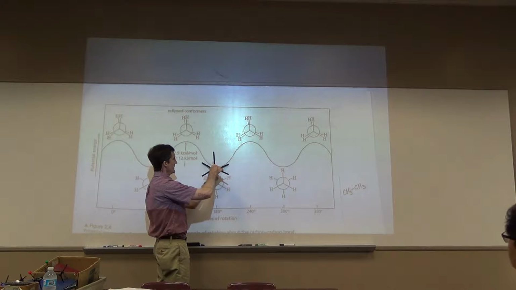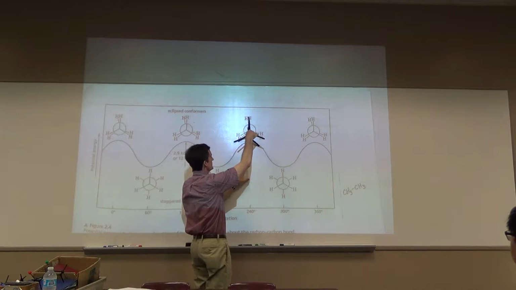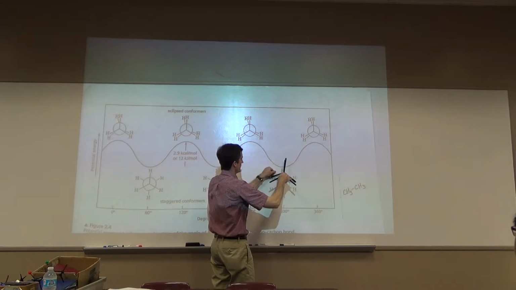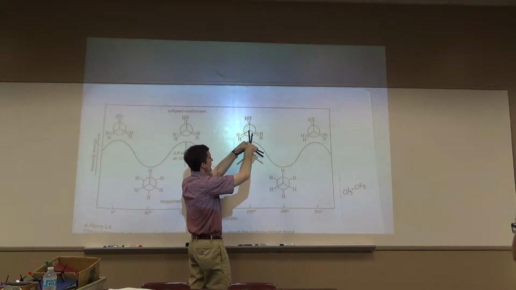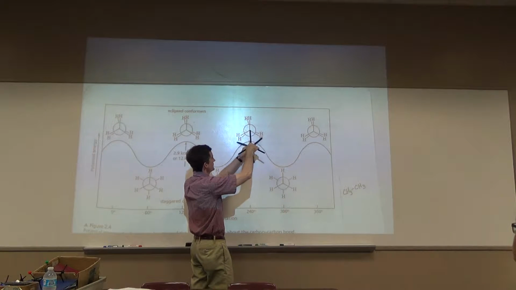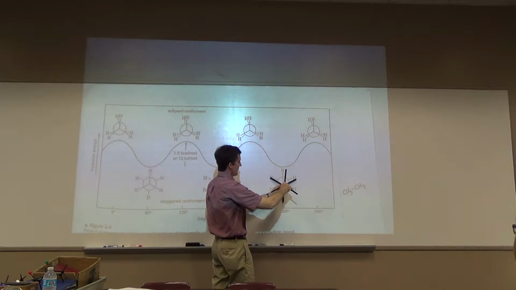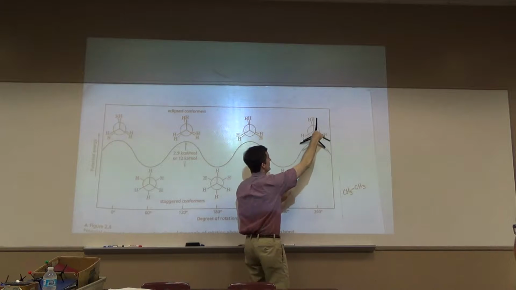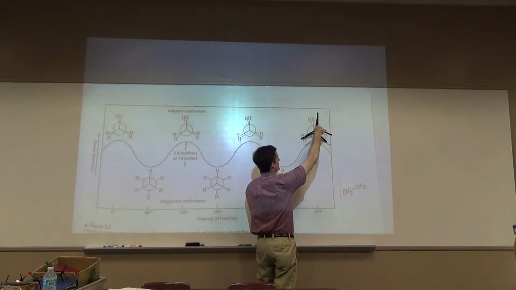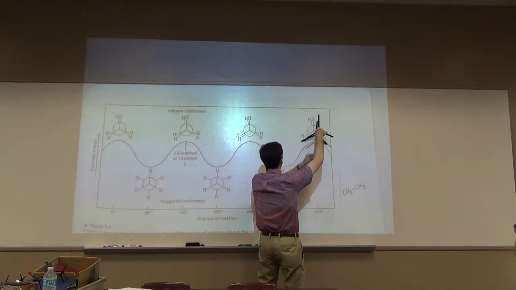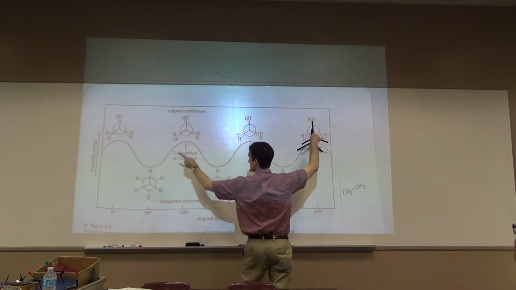Let's turn the back again, another 60 degrees. What do we get? Flips, another 60 degrees. Hold on, I turned it too far. Another 60 degrees. Staggered, another 60 degrees. Eclipse, another 60 degrees. Hold on, I think this eclipse is supposed to be the same as that one.